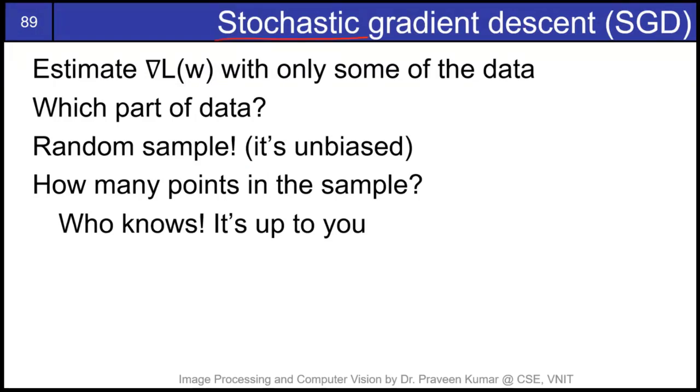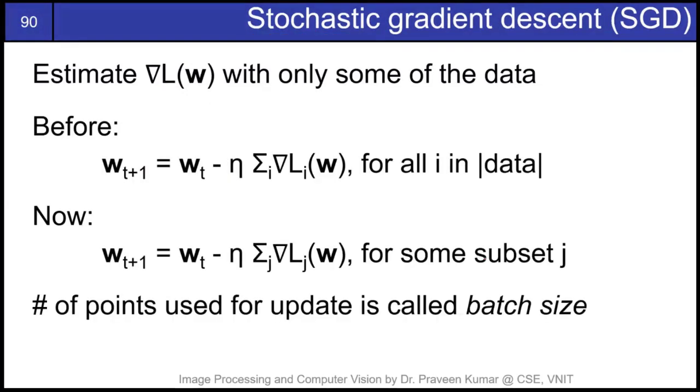So in stochastic gradient descent, instead of taking the entire data set for calculating the gradient, we take some random sample. A random sample is unbiased. So by choosing a subset of the data set, instead of for all i in the data, we calculate this gradient value for a certain subset of that data.